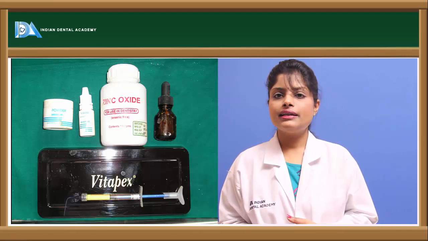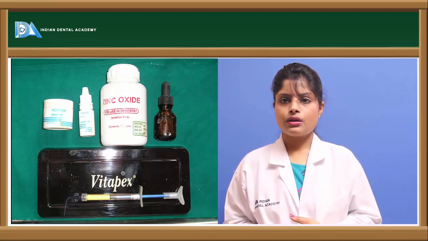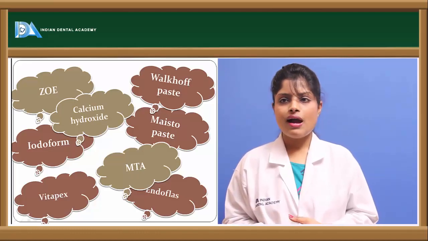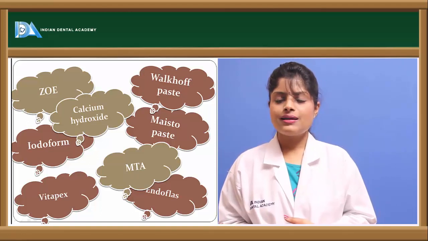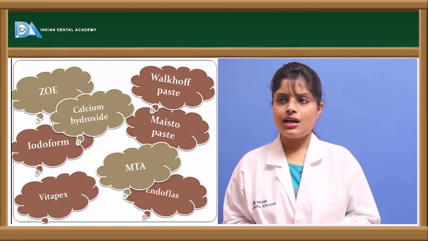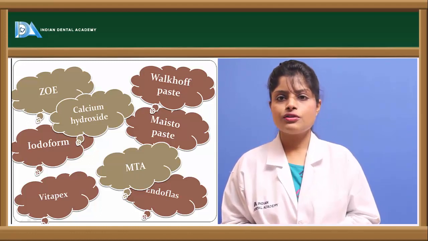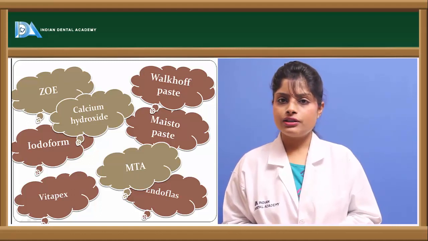Now there are certain materials which are used for obturation. They are zinc oxide eugenol, calcium hydroxide paste, Iodoform, Vitapex, Metapex, MTA, Endoflas, Maisto's paste and Volkov's paste. We'll be discussing a few in the further slides.